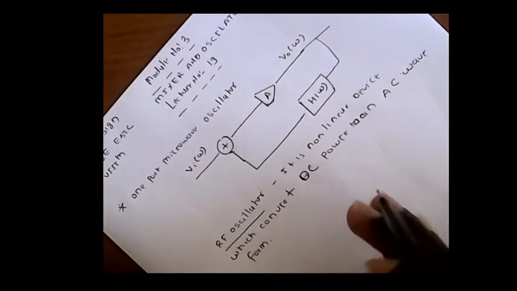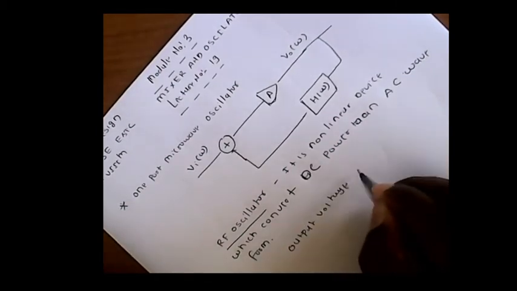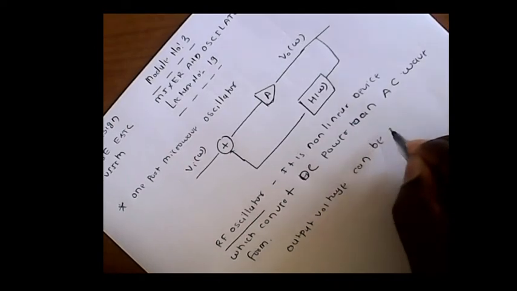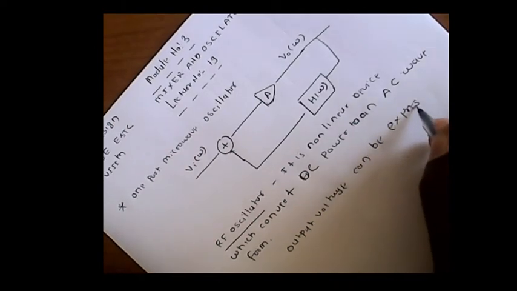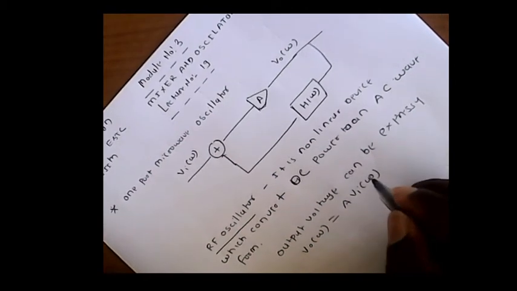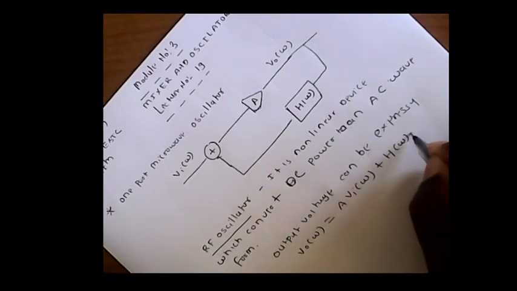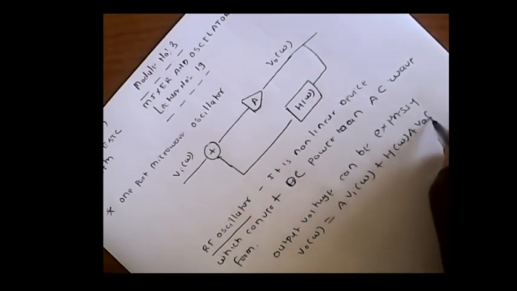So the output voltage can be expressed for this circuit as V0 omega is equal to A into Vi omega, where A is the gain, plus the feedback, that is, A into H omega into V0 omega.